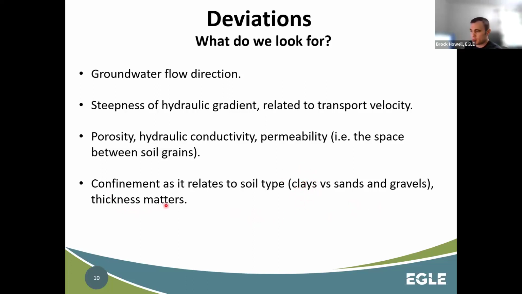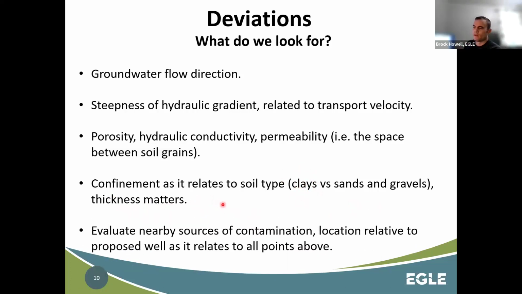And thickness does matter. You can imagine having 1 foot versus 100 feet of clay. You're much more confident in its ability to hold back fluid flow at 100 feet versus 1 foot. And then evaluate nearby sources of contamination, and their location relative to the proposed well as it relates to all points above.